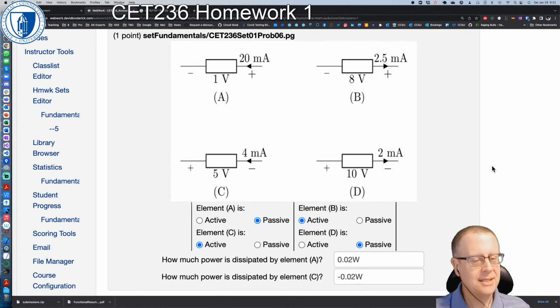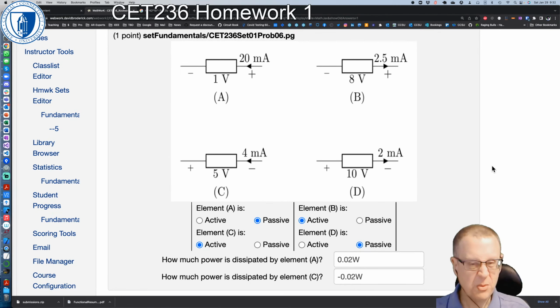And if it does satisfy the passive sign convention, then it dissipates power. If it doesn't satisfy the passive sign convention, then it's going to generate power or dissipate negative power.